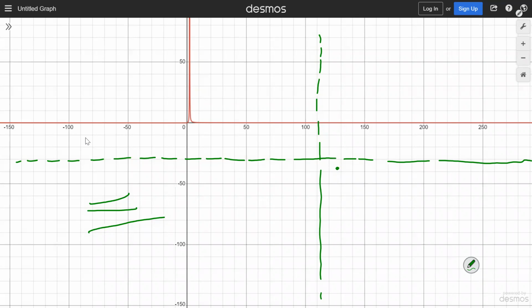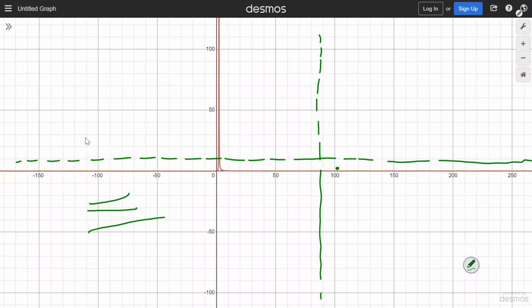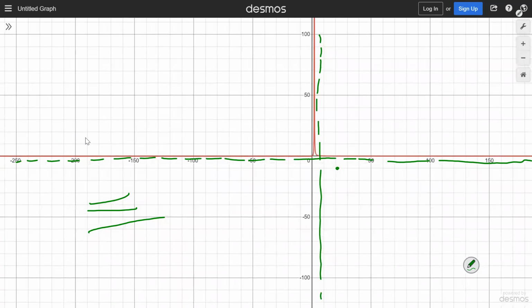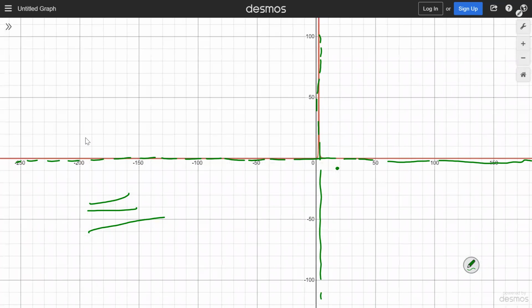But you can see how different the shape of the graph is, depending on what your polynomials on the numerator and denominator are. Each graph is going to be pretty different from each other.